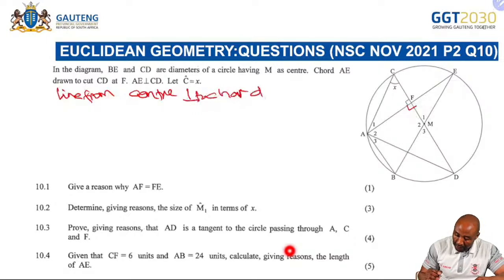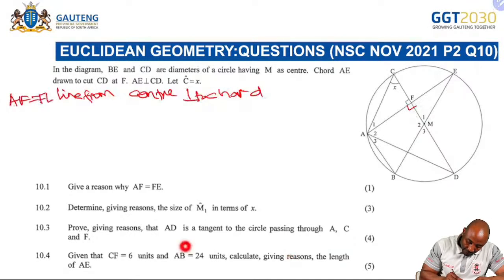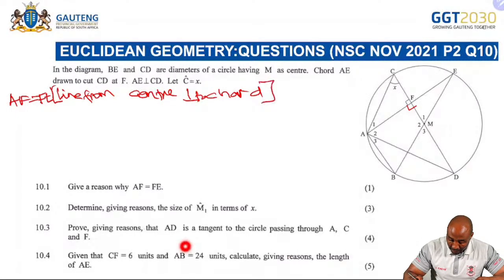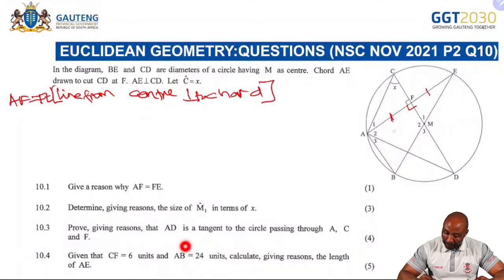That is the reason why AF is equal to FE. Line from center perpendicular to a chord, we know that it bisects the chord, so we are able to see that this is equal to that because it's a line drawn from center perpendicular to a chord.